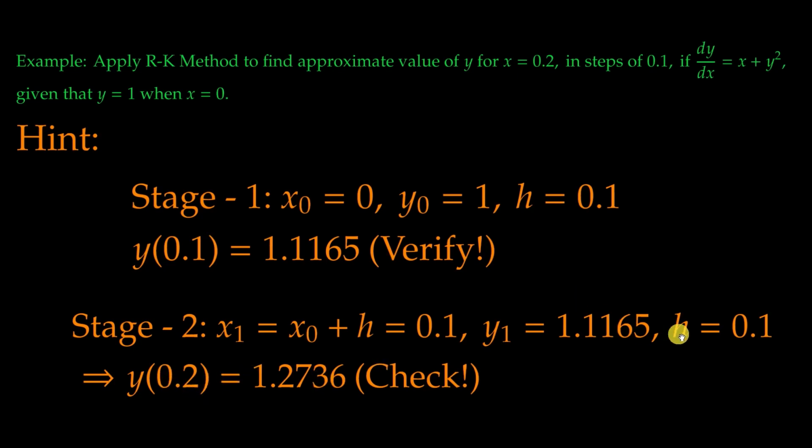I mean, you have obtained this value by using one more step here, right? And hence using this, you could obtain y at 0.2, which is equal to 1.2736. You can check this out, and in this way you can even go for multi-stage processes, right?